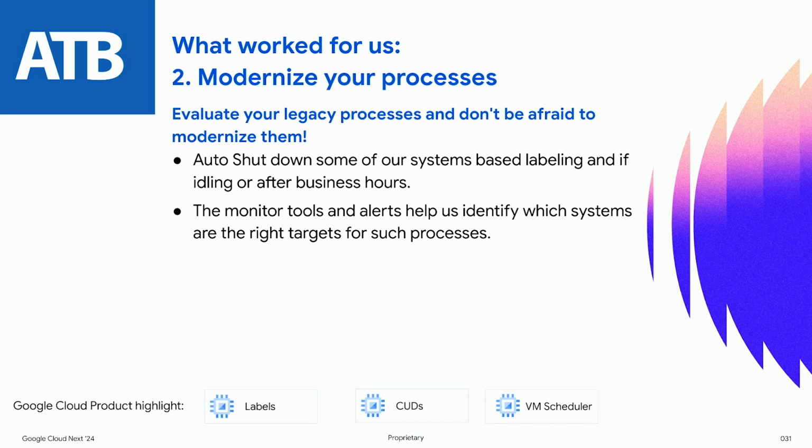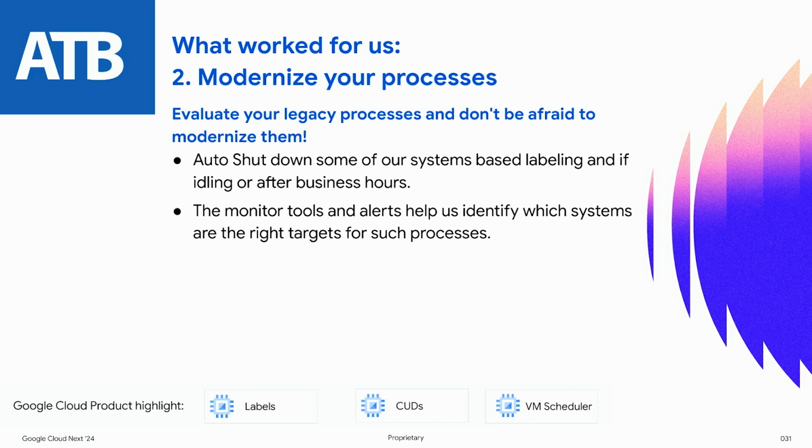Now that we are on GCP, we are seeing that these legacy processes, whether technical or business, are limiting our abilities today. So if you're doing something because it was done yesterday, I would encourage you to question it and challenge it, and see if it can improve with the new tools we have today.